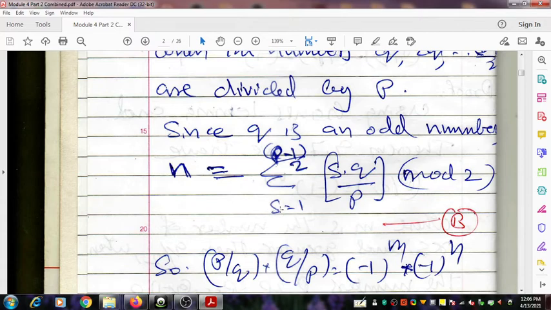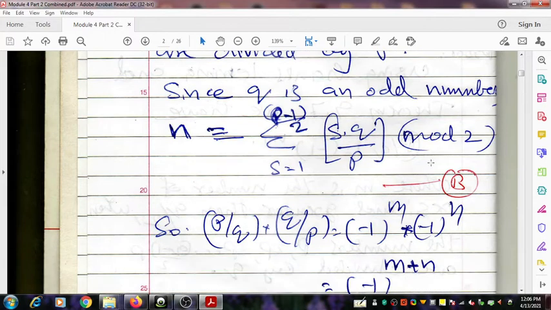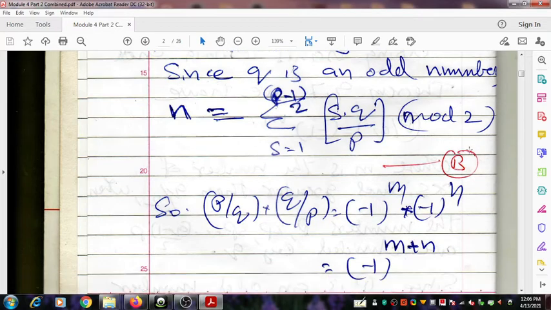Here s can take values from 1 up to p minus 1 by 2. Then the summation of s equal to 1 to p minus 1 divided by 2 of s into q by p, taken in square brackets, modulo 2. And this is the expression, named b.